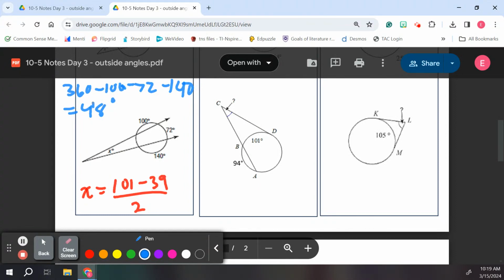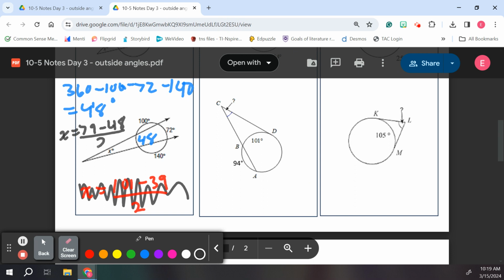So this arc is 48. Now we can find x. In this case, x is going to equal 79 minus 48 divided by 2. So x will be equal to 12 degrees.